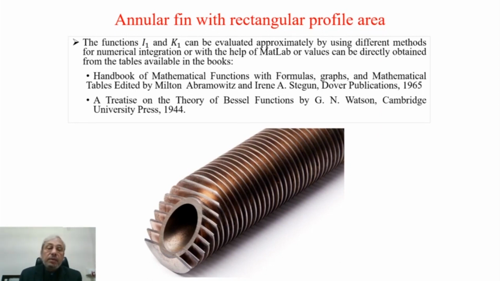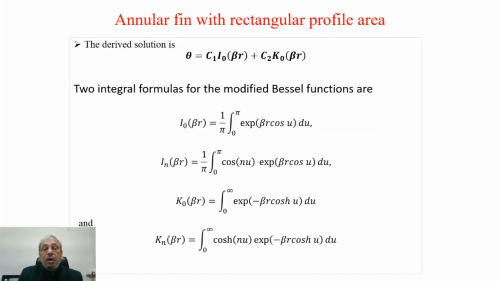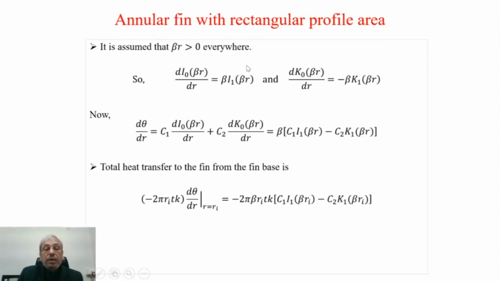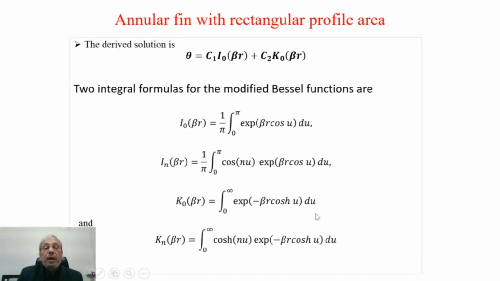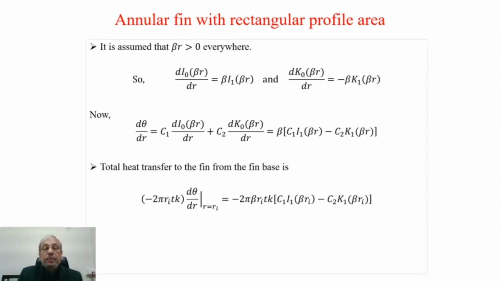I would encourage all of you to try; I have given all the hints and all the necessary information. I have gone up to the solution and up to the heat transfer rate also, but C1 and C2 have not been evaluated. Everything is in terms of C1 and C2.